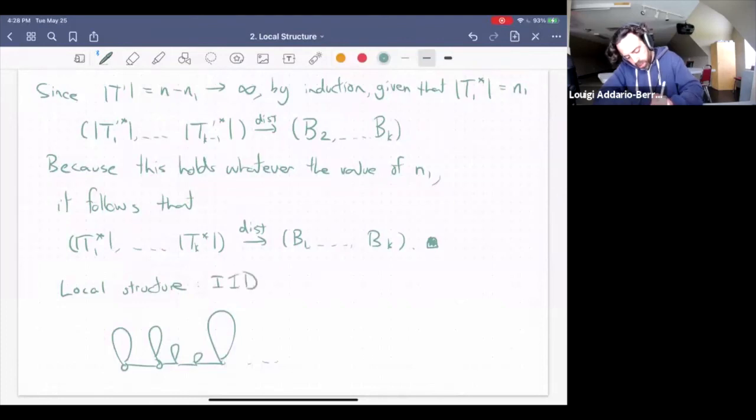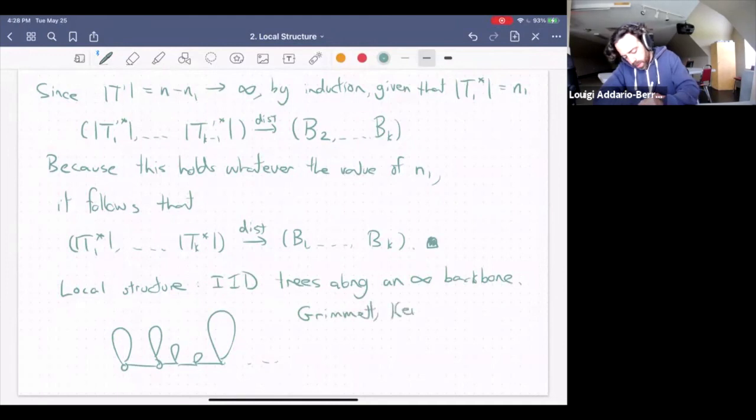holds in quite a bit more generality. It was worked out for various models of trees by Grimmett and Kennedy and Kesten at various points.